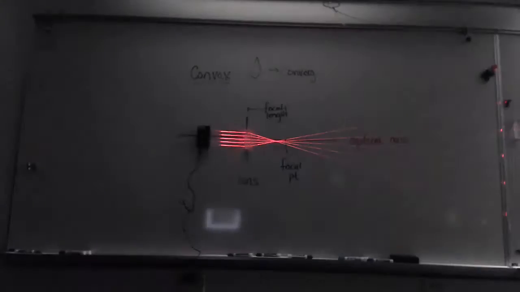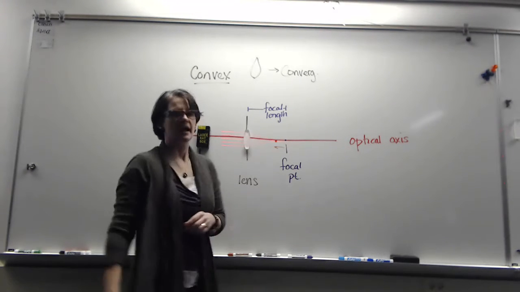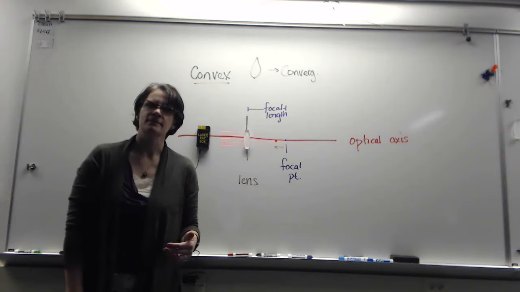We notice that our focal point gets closer to the lens. I have decreased my focal length. Let's turn the lights back on and talk a little bit about why that might be. So we're going to decrease the focal length as I make a lens more curvy.